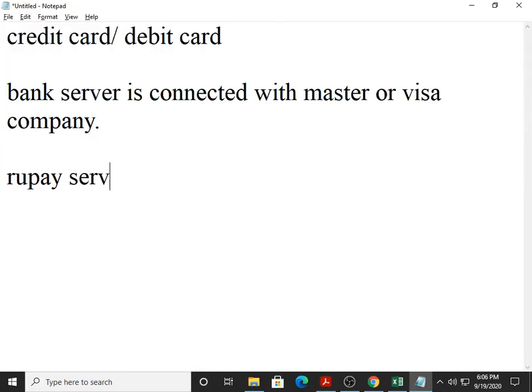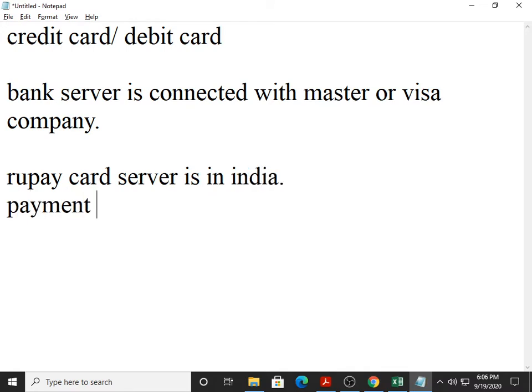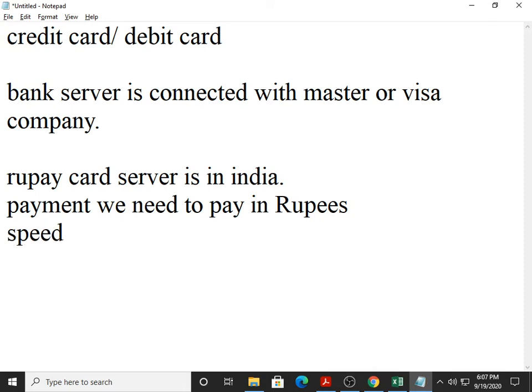And the RuPay card server is in India. Payment we need to pay in rupees, and another advantage is that because it is in India, speed increases. So the RuPay card is the domestic alternative to Master and Visa card.